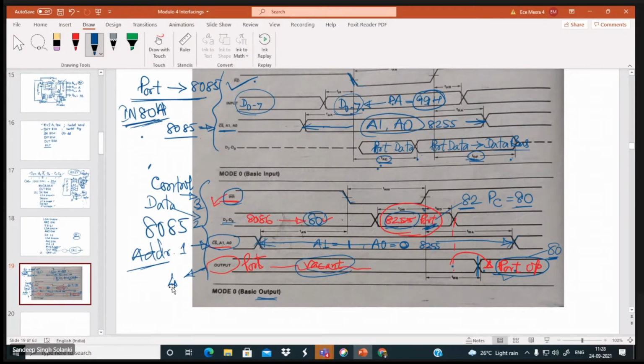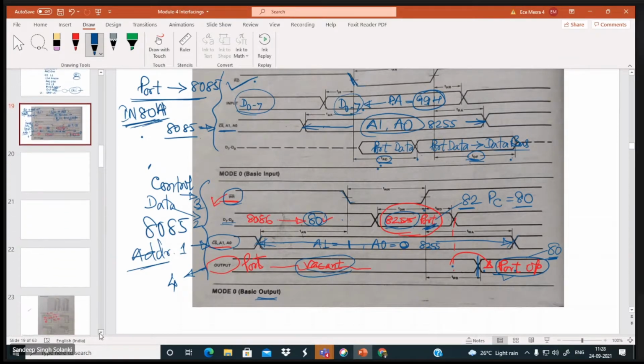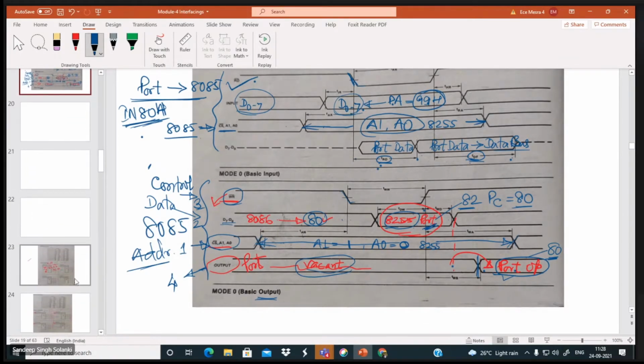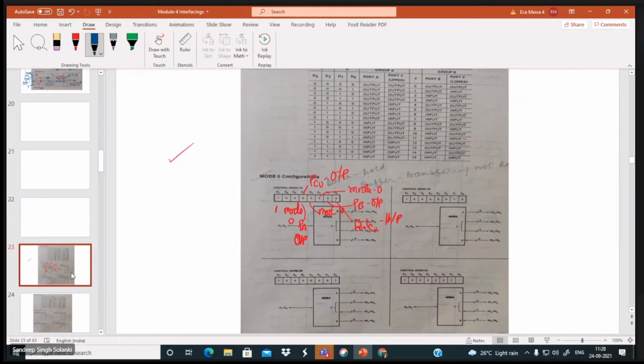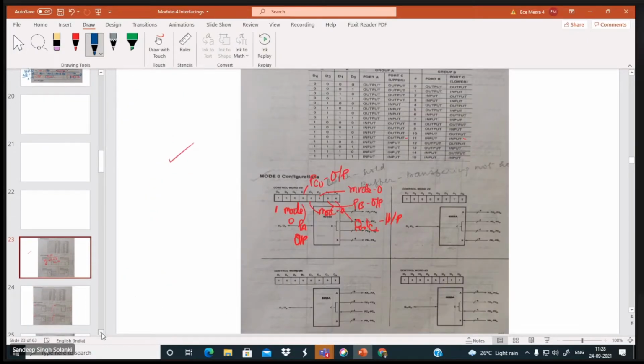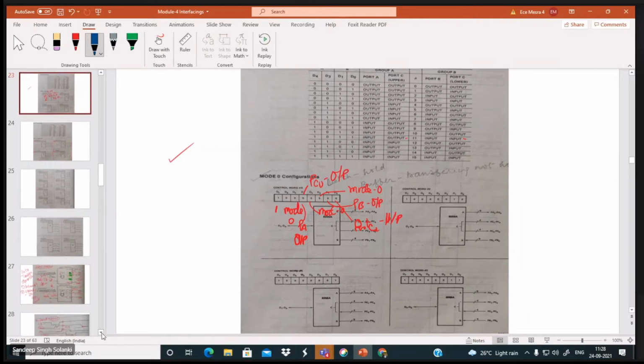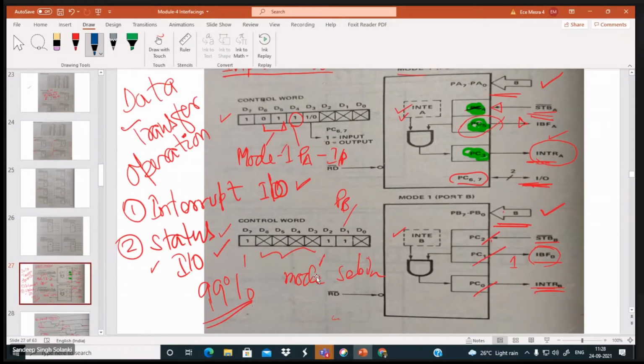Yes, sir. Okay, fine. So now I'm moving to the next mode of operation, and for that I'm going to take this diagram.